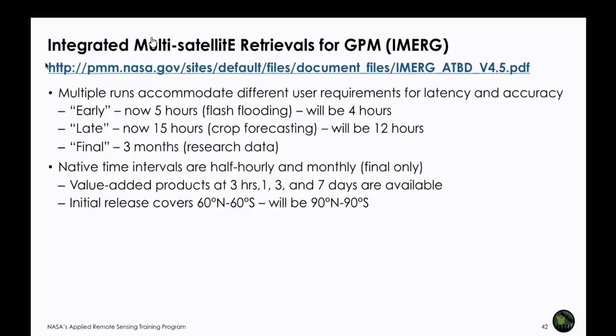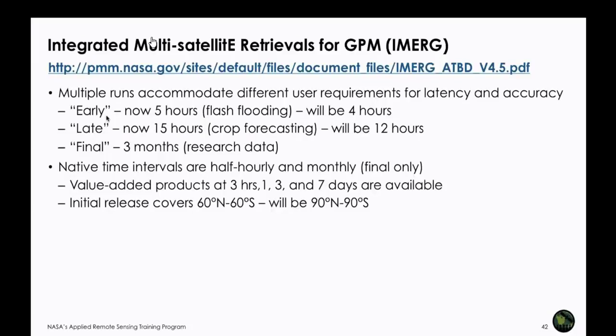And so IMERG is the product to use when you want to monitor an approaching storm. There are multiple products, early, late, and final, and as you can see, they have different latency. That is a 5-hour latency for near real-time or early data, but these are the ones which should be used for monitoring a storm that is upcoming or already formed.